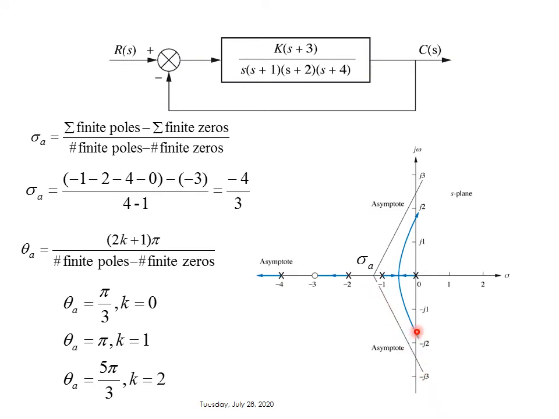So there you go: the plotting of the root locus for cases where poles go towards infinity, and this is how we sketch their direction by finding the asymptotic lines. To find the asymptotic lines, there are 2 things: find the intersection point, and find the direction or angle of those asymptotic lines.